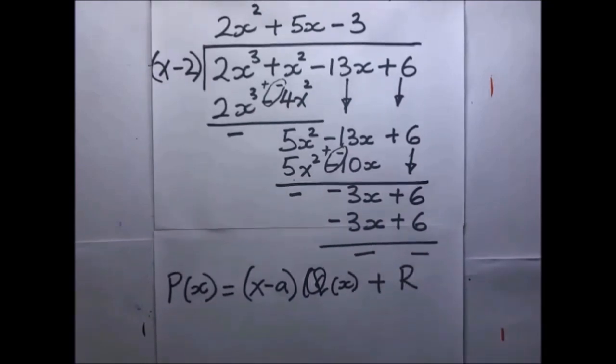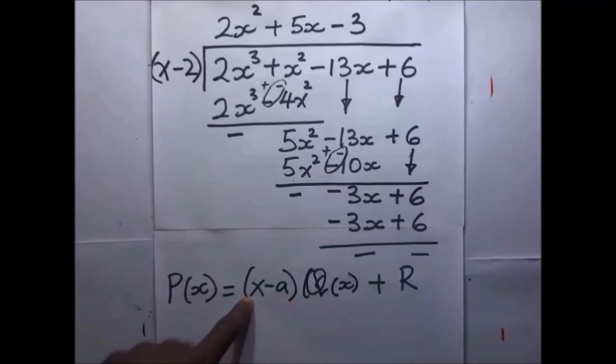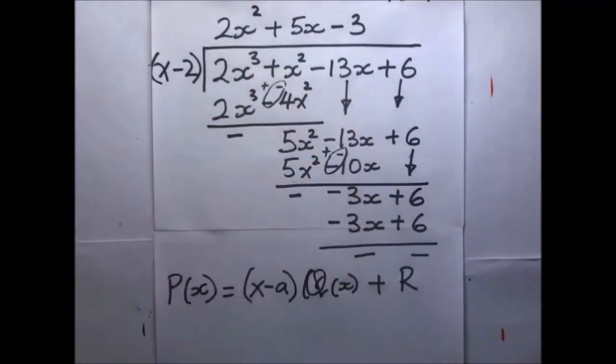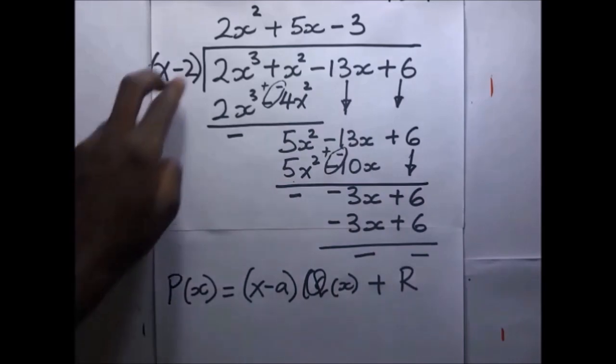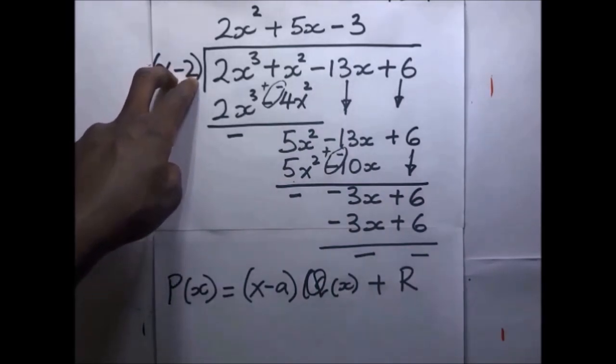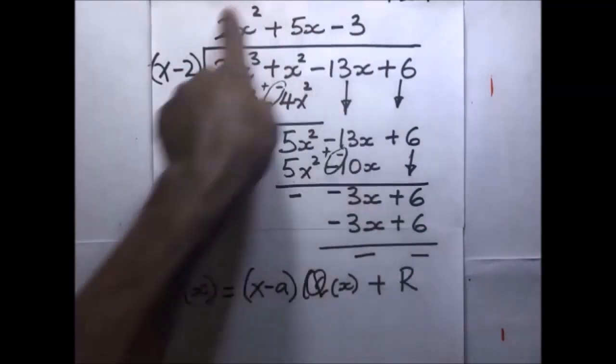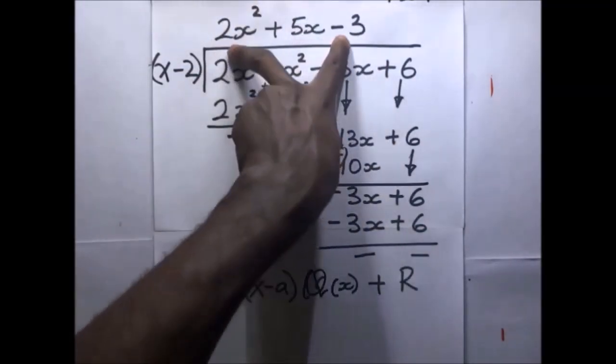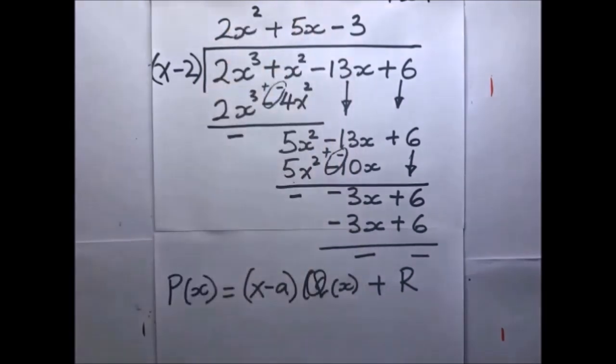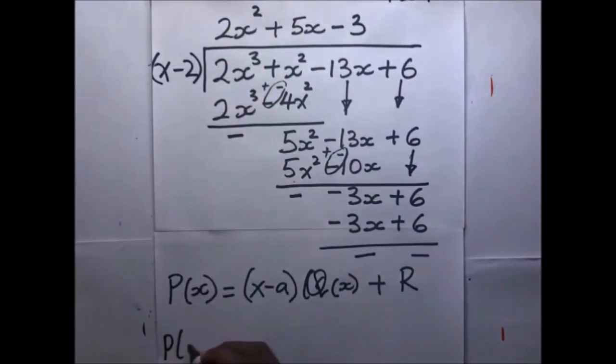But now here we are tasked to find more factors of this polynomial. One of the factors we have found is that one. The other factors that we need to find, we're supposed to simply prime factorize this, because p of x is going to be equal to x minus a.